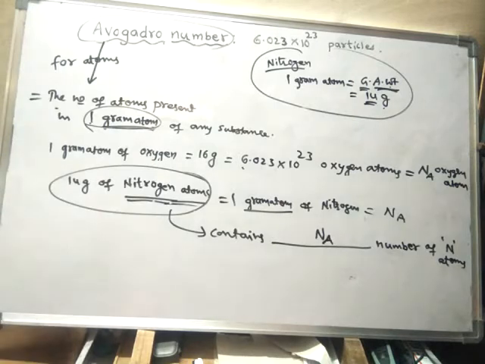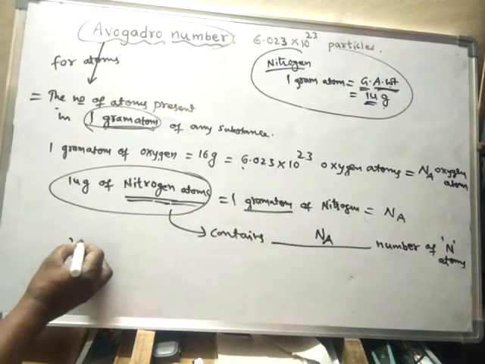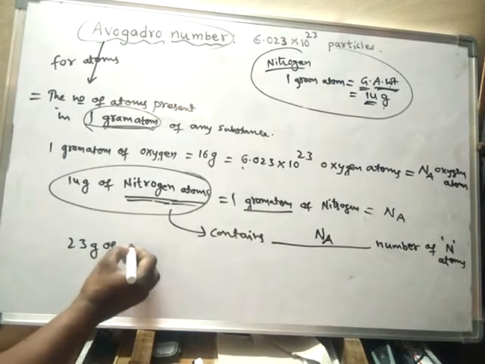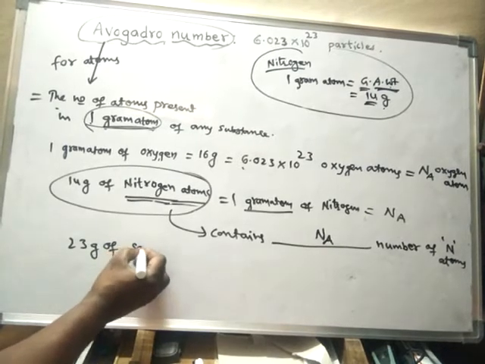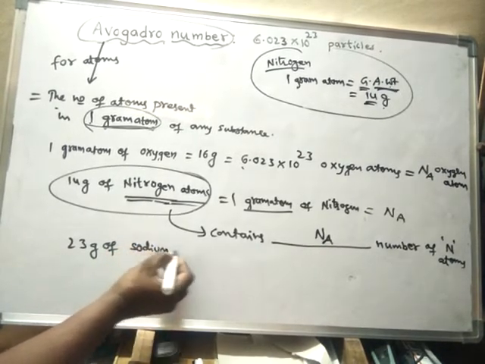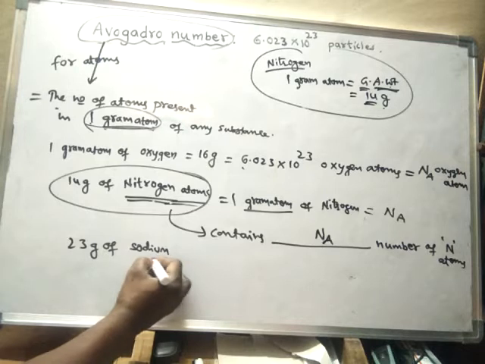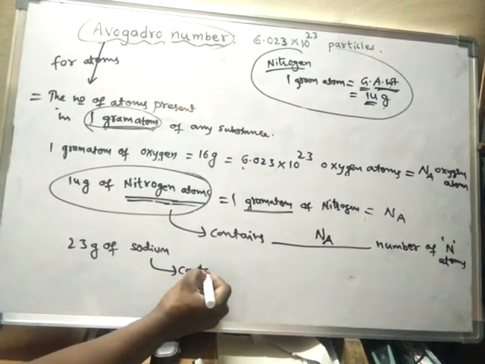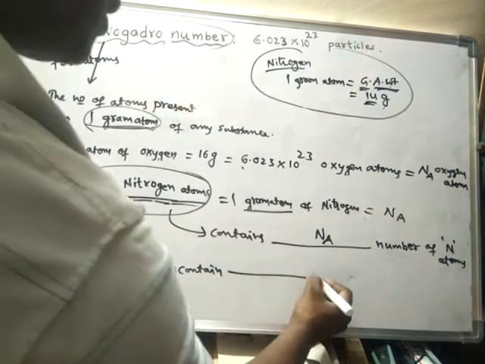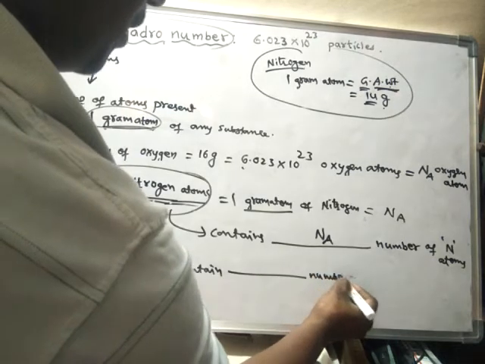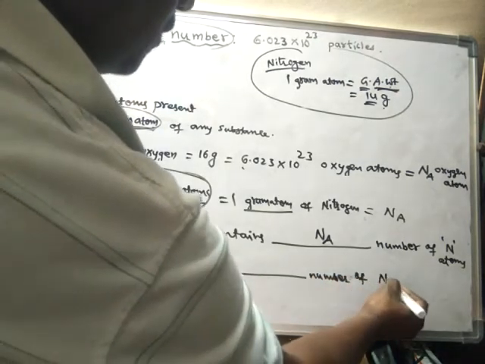Okay. One more question. 23 gram of sodium contains dash number of sodium atoms.